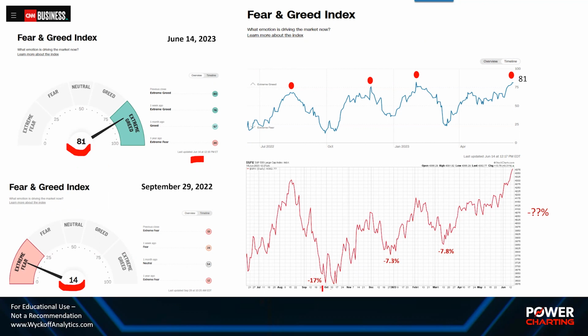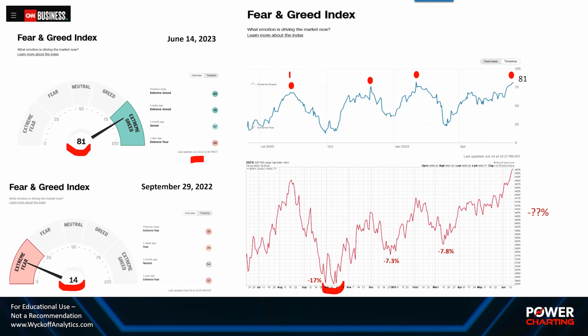But in fact, if we go back and look at the extremes of sentiment, and this is just one type of measure for sentiment, we see here in late September, October, the beginning of the fourth quarter of 2022, that the stock market was very, very low, had a really big decline from the August peak, and there was a tremendous amount of pessimism as the Fed was continuing to raise interest rates at a brisk pace.